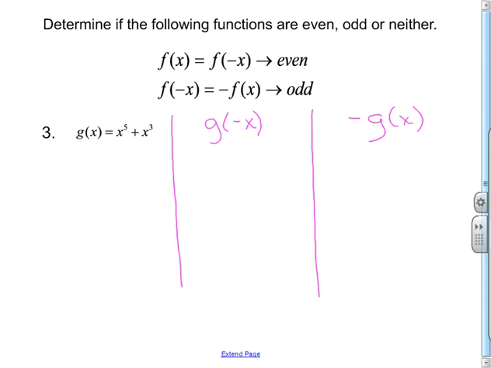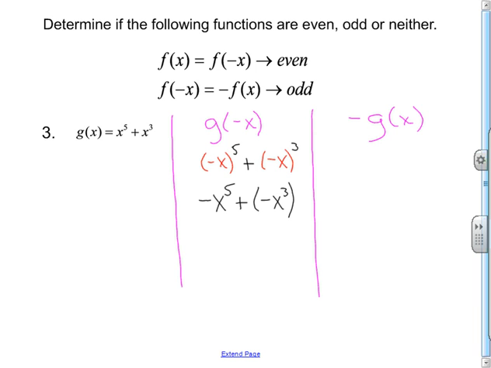So we've got what here? Negative x to the fifth plus negative x to the third. And that gives us a simplification of negative x to the fifth. Well, any negative to an odd exponent will continue to be negative, plus any negative to an odd exponent will continue to be negative.